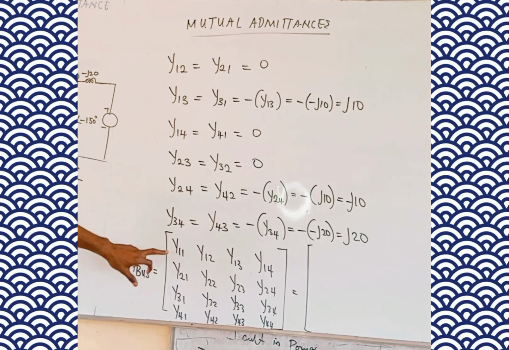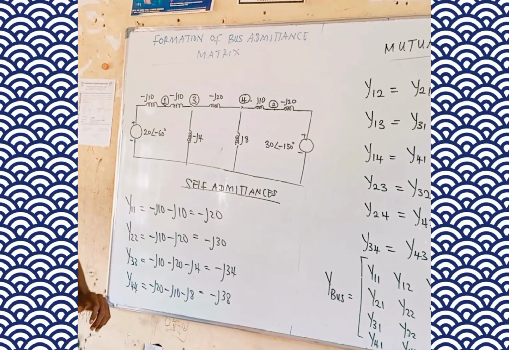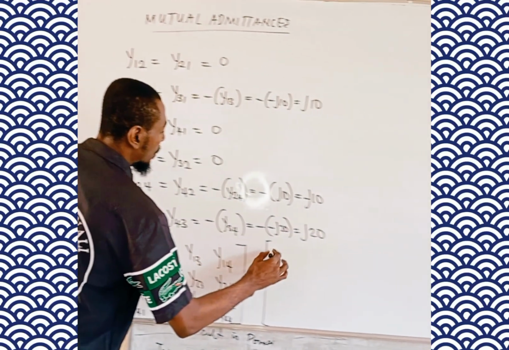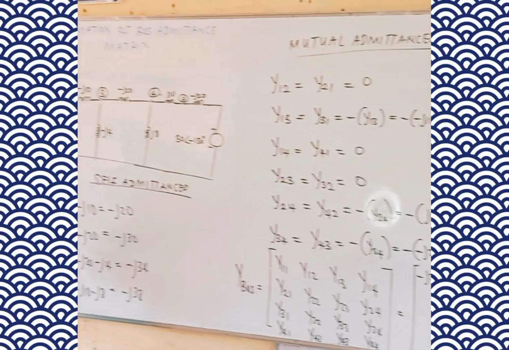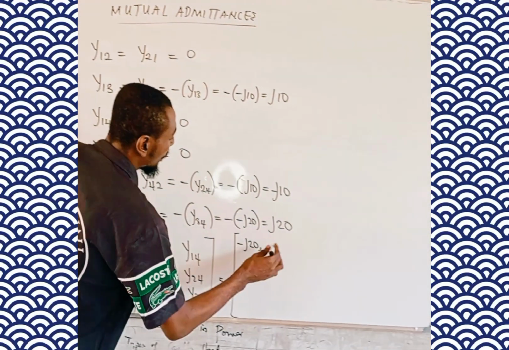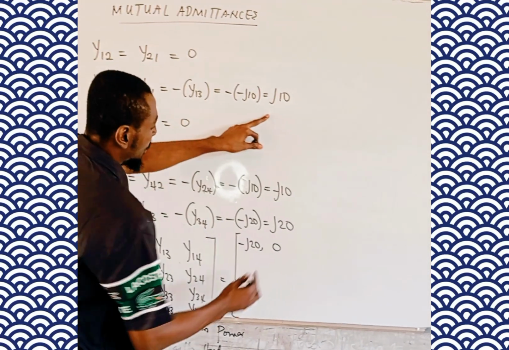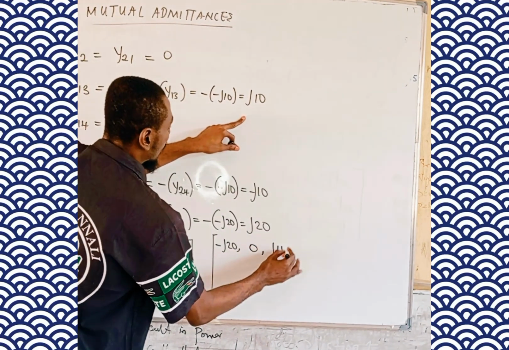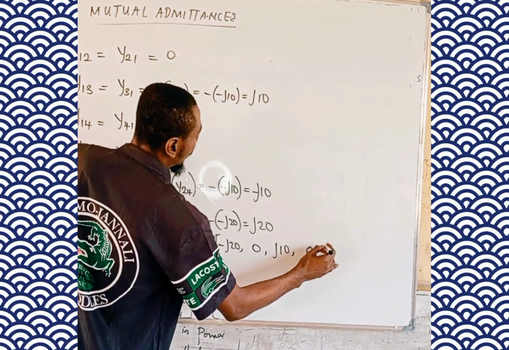What is our y11? y11 is minus j20. Then, of course, y12 is not connected, so we have 0. y13 is j10. What about y14? y14 is not connected, 0.